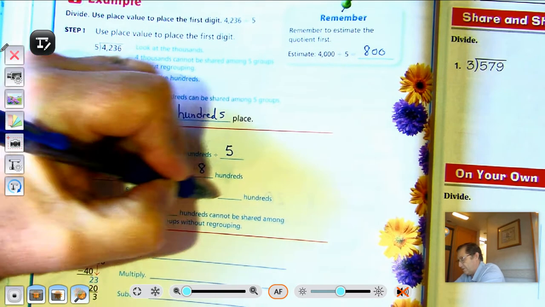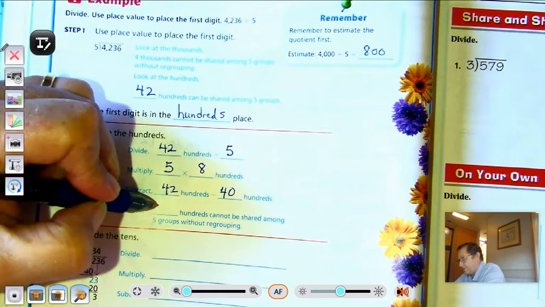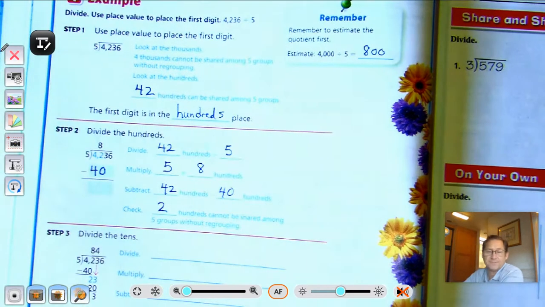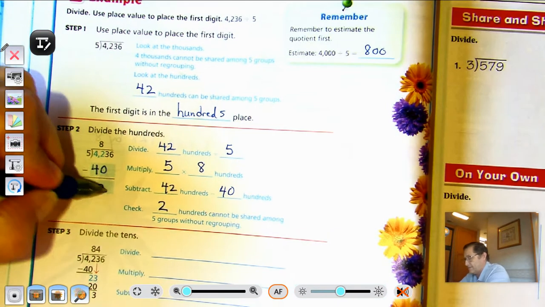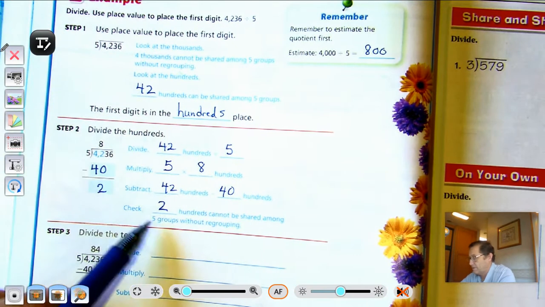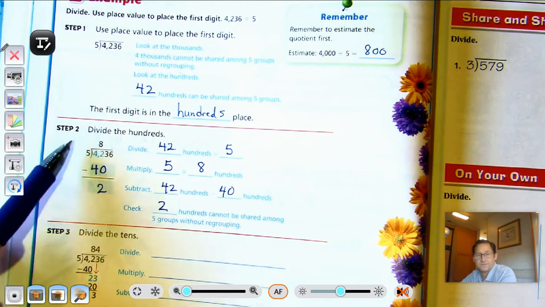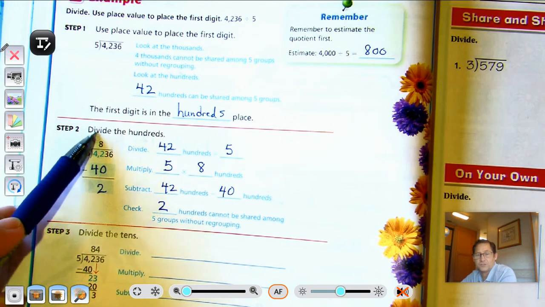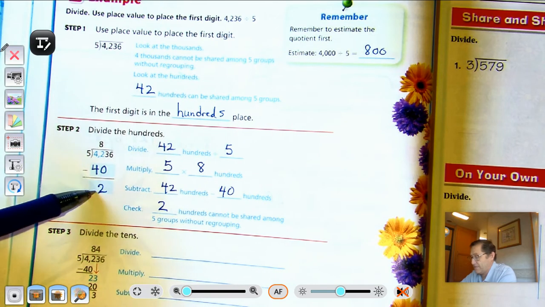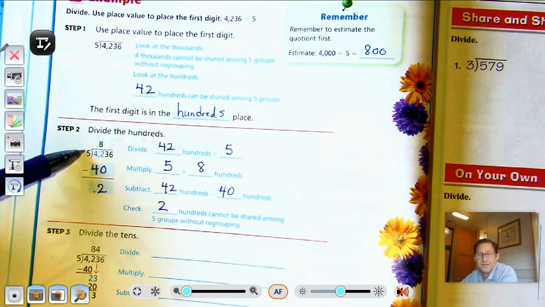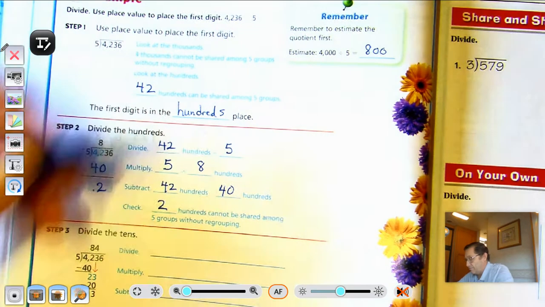And 42 hundreds, take away 40 hundreds, leaves us 2 hundreds. We're going to check to see if we could have put a larger number into each group. And we can't because 200s can't be shared equally amongst 5 groups. So let's move to the next step.